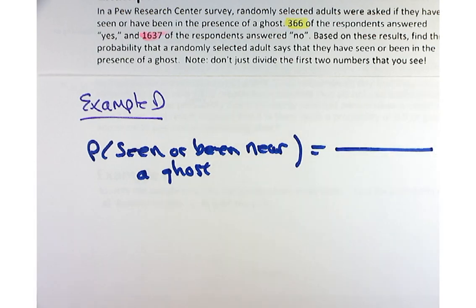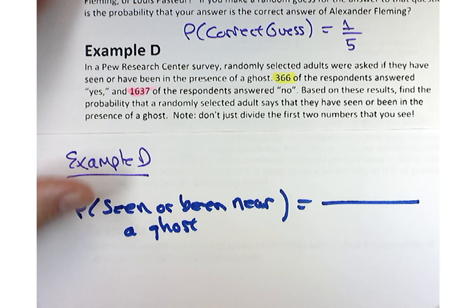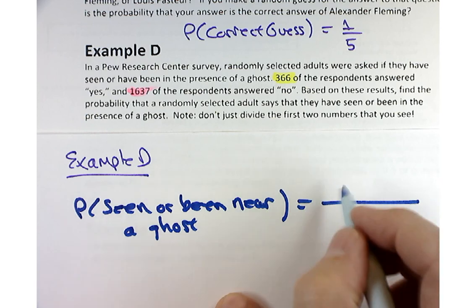So probabilities are often expressed as fractions. You could also do those as decimals. But, okay. It's going to be a little more involved than the 1 out of 5 that we had for the first one. So in the numerator, we've got to put the number of ways you could succeed. How many ways are there we can succeed in this experiment? 366. 366. Good.